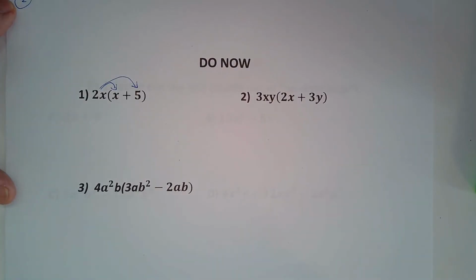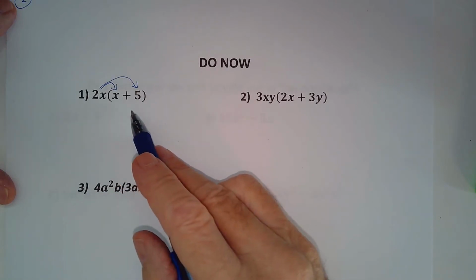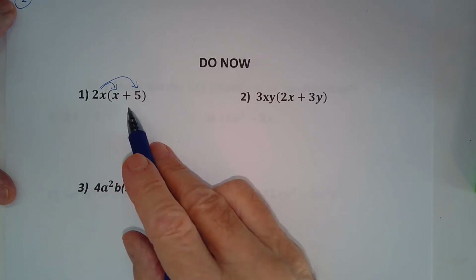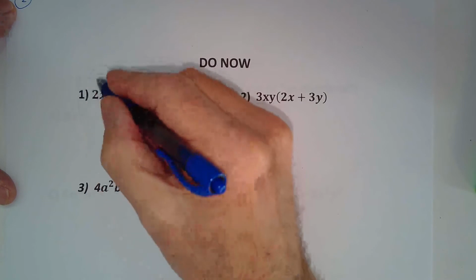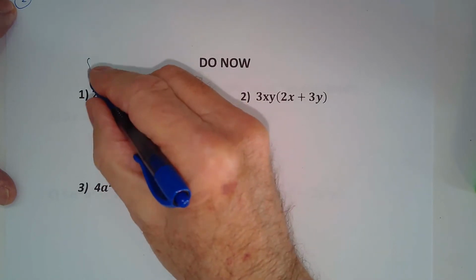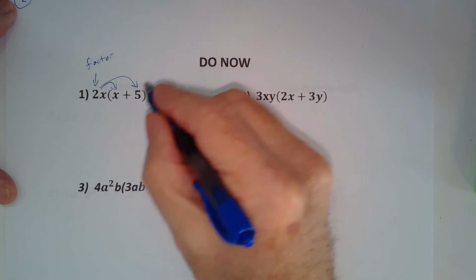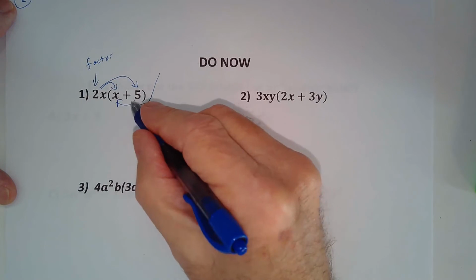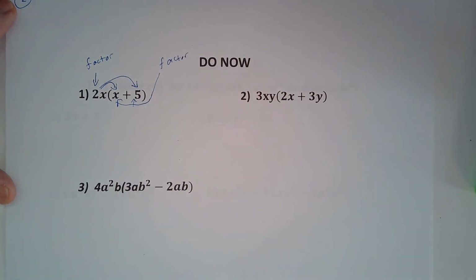And then I would get a result, okay? The opposite would be to turn them back into their two terms. So frankly, this is a factor of the binomial, and this over here is also a factor. These are both factors, okay?